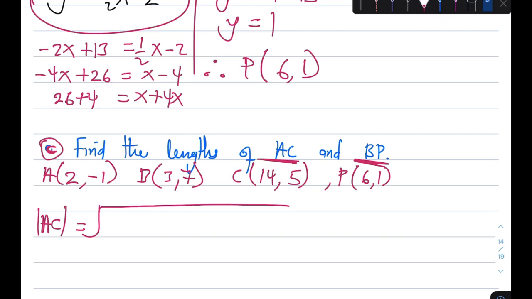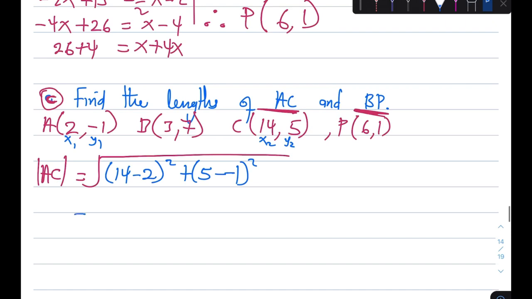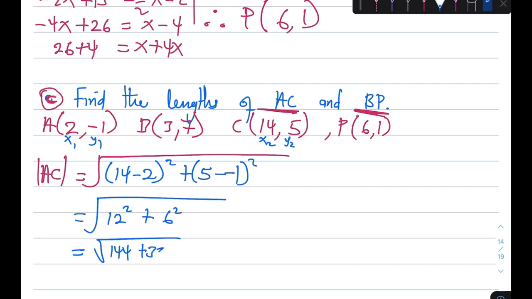So for AC, we are dealing with A and C. Let me call this x1, y1 and this x2, y2. So I have 14 minus 2, square, plus 5 minus 1, square. That's 12 square plus 6 square. Now 12 square will be 144 plus 36.